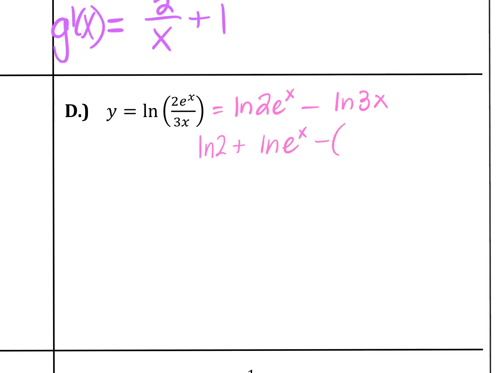And then we still have minus ln of 3 plus x, plus ln x. Okay? And then remember that we are distributing that negative through.